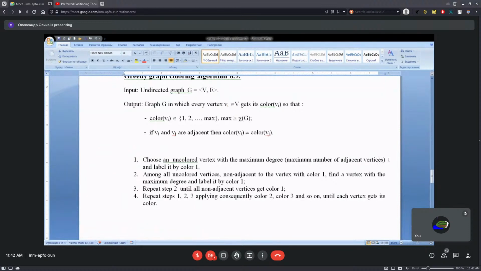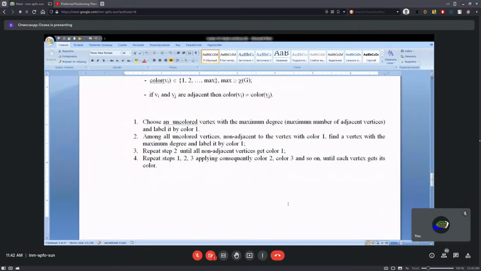And label this vertex with color 1. Second step: among all uncolored vertices non-adjacent to a vertex with color 1, find the vertex with the maximum degree, and label it again with color 1.